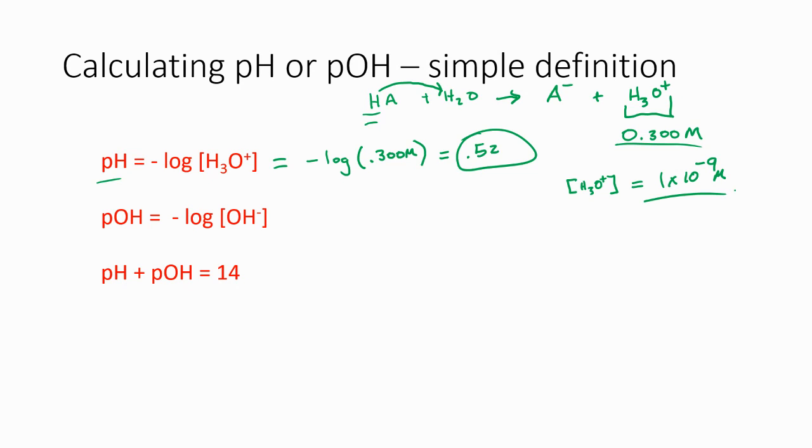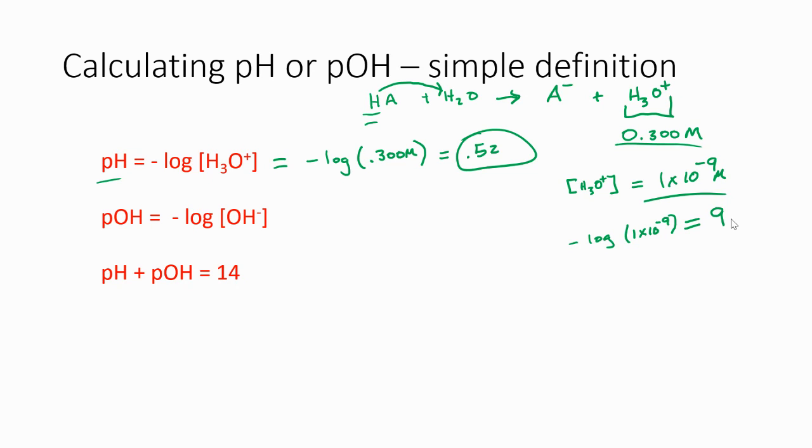Would you know how to find that particular pH? According to this, we would take the negative log of 1 times 10 to the minus 9 in order to find the pH. Taking the log is all about looking at this exponent right here. And so the pH of this is 9, right?